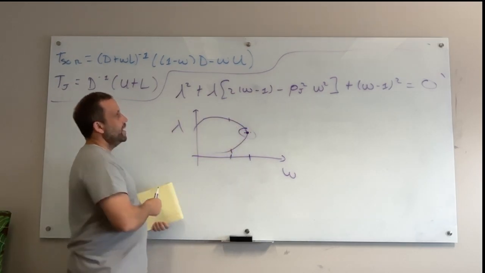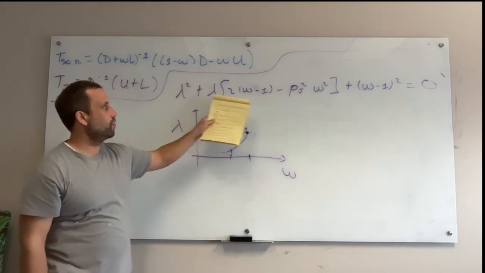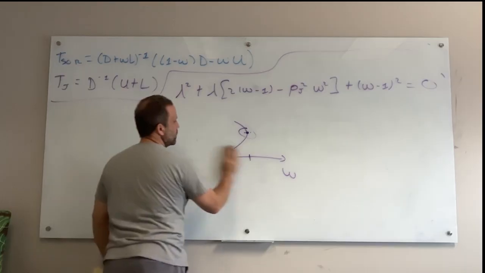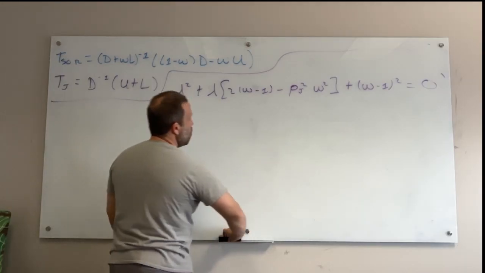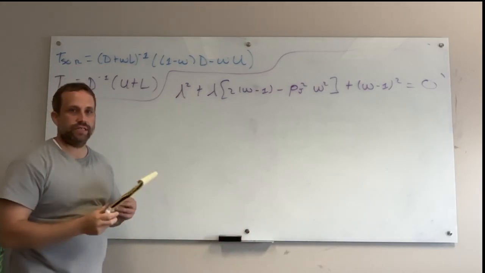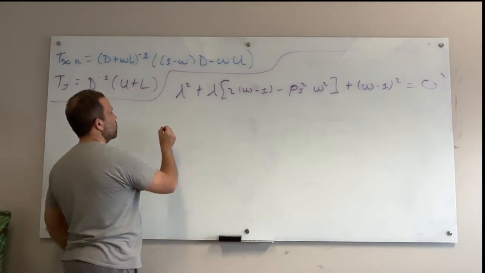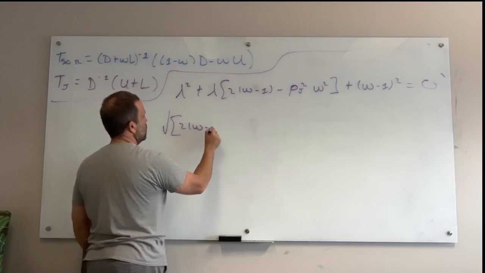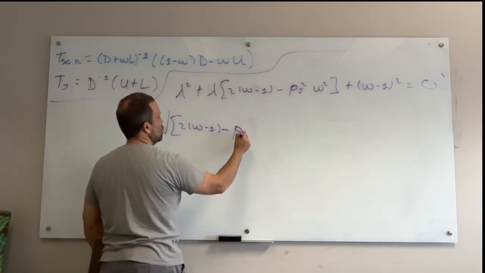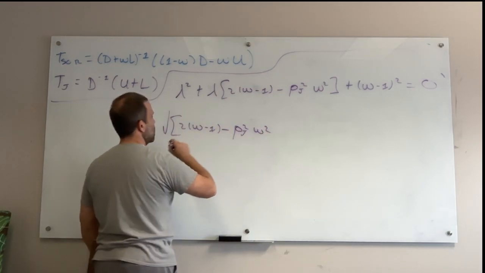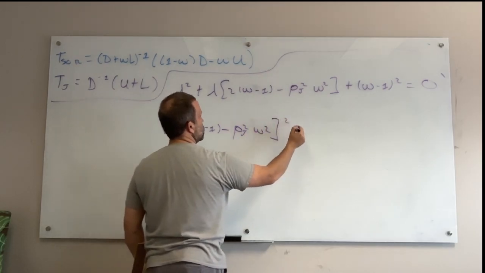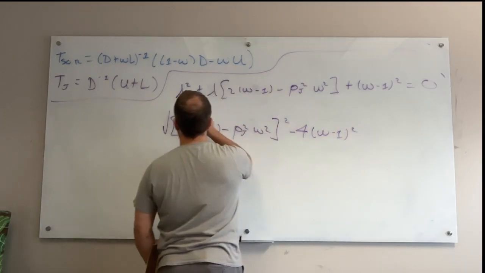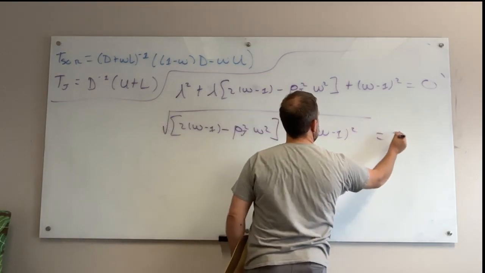Okay, so the idea is that we want to find the omega for which we have a repeated root. Well, what is that? It's just going to be when the discriminant of this is equal to 0. So it's going to be when b squared minus 4ac, where b is 2 times omega minus 1 and a involves rho j squared omega squared, is equal to 0.